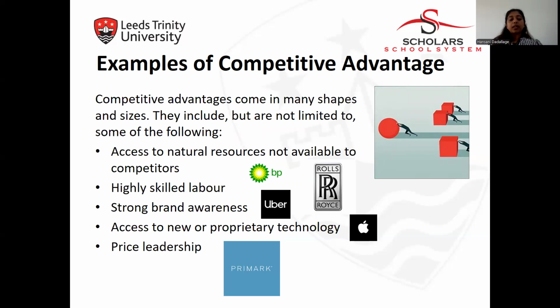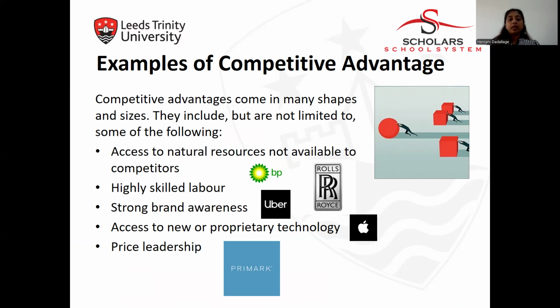Access to natural resources not available to competitors is one example of gaining competitive advantage. And highly skilled labor: if your business has highly skilled labor which other competitors don't have, it is a competitive advantage. And strong brand awareness, an example is Uber.